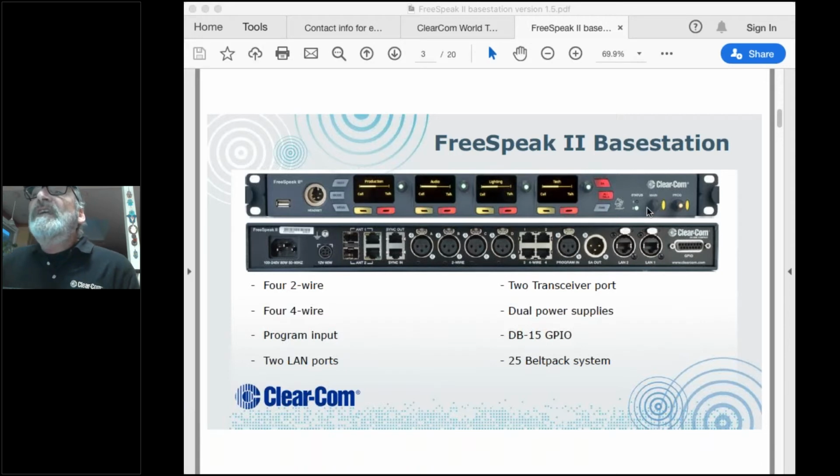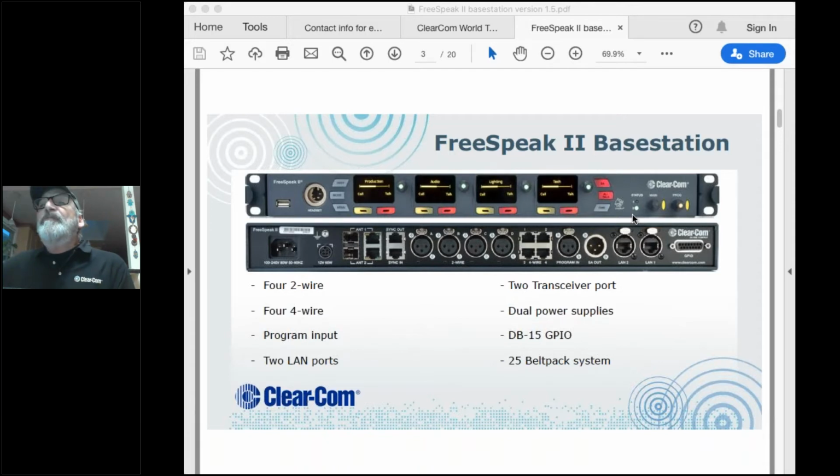Now, just to the left of that are a couple of status LEDs that tell us whether transceivers are connected and what the health of the system is. To the right of the main is the program audio.